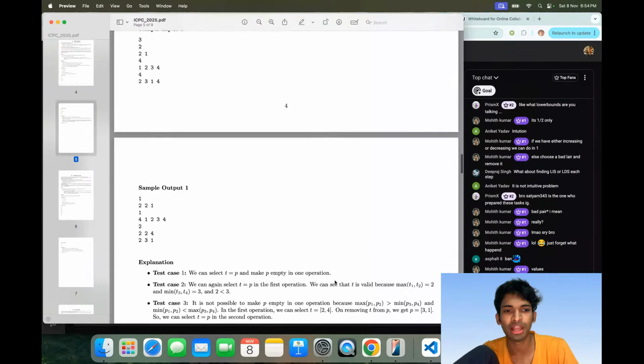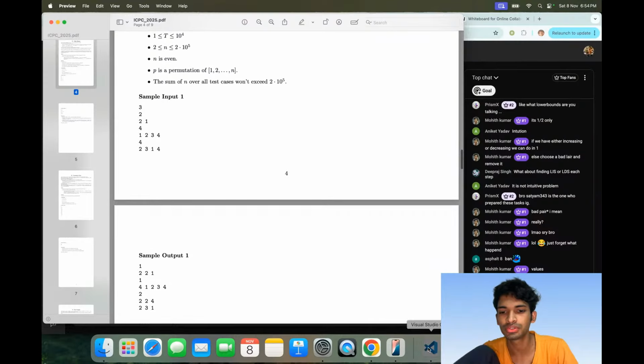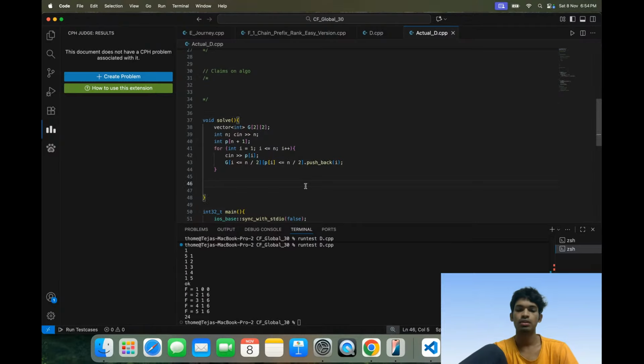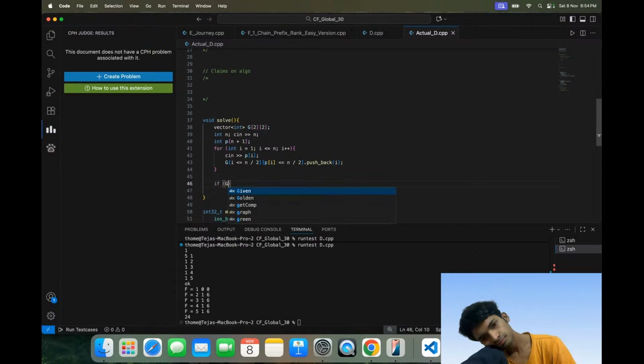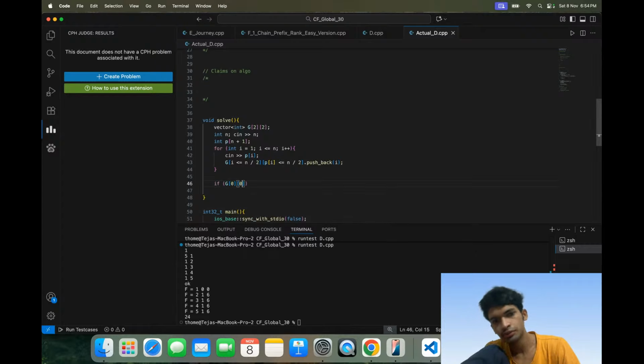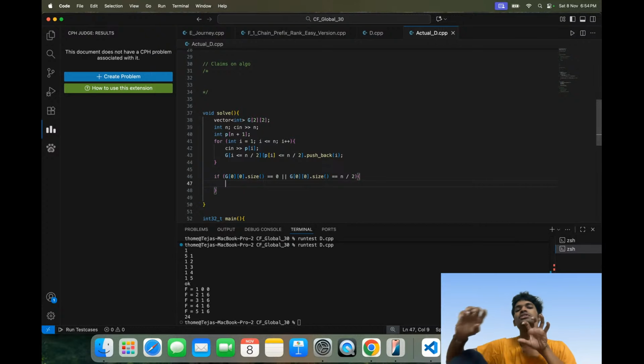I think I should output values. So what would I do? If g of 0, 0 equals 0 or g of 0, 0 dot size equals n by 2. So if this group is 0 or n by 2, then it's done.